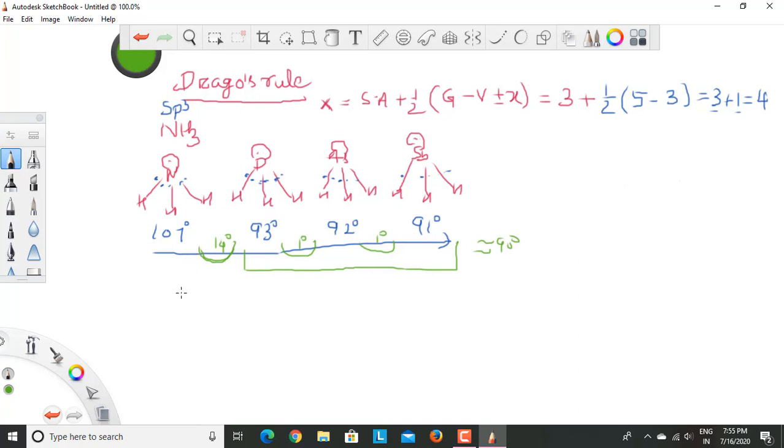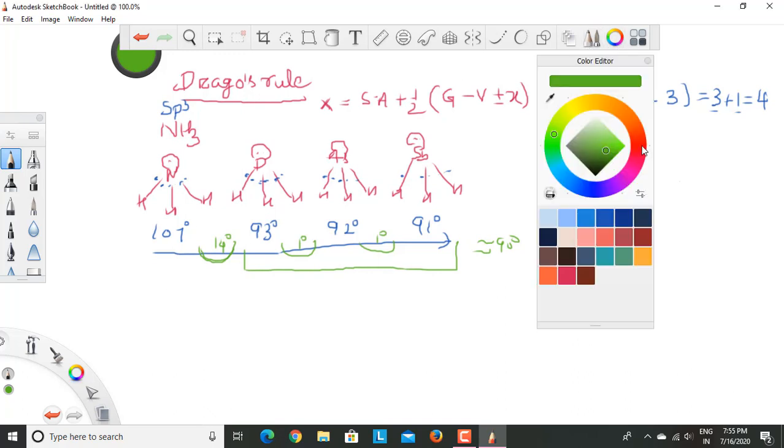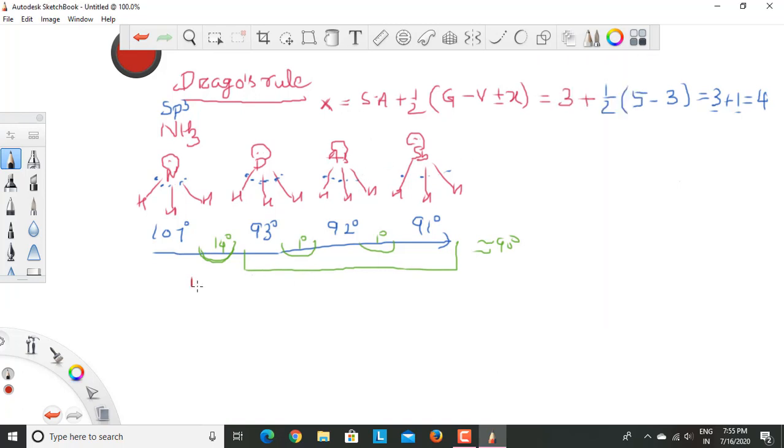Similarly, let us take the case of water. Suppose we are taking H2O. The bond angle is what? In water, we have two lone pairs and two bond pairs.